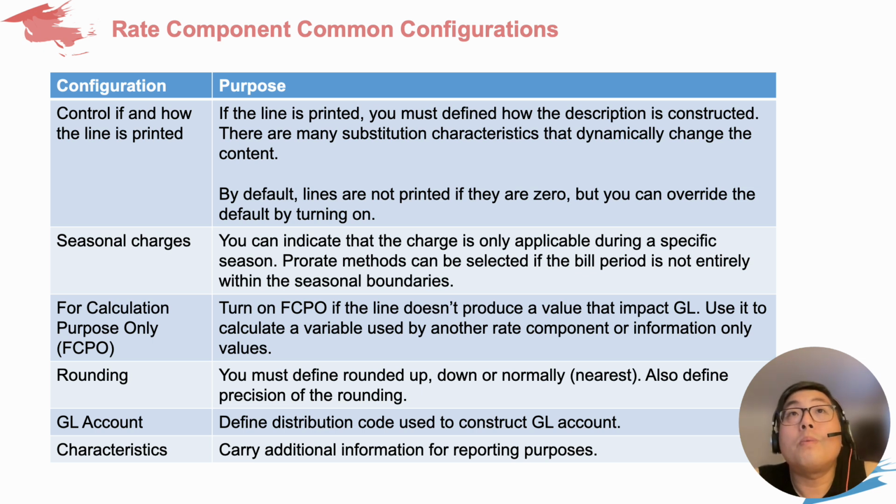But what you need to remember is the string is not fixed. It can be dynamically constructed. By default, the lines are not printed if they are zero, but you can override the default by turning on an option to be chosen.